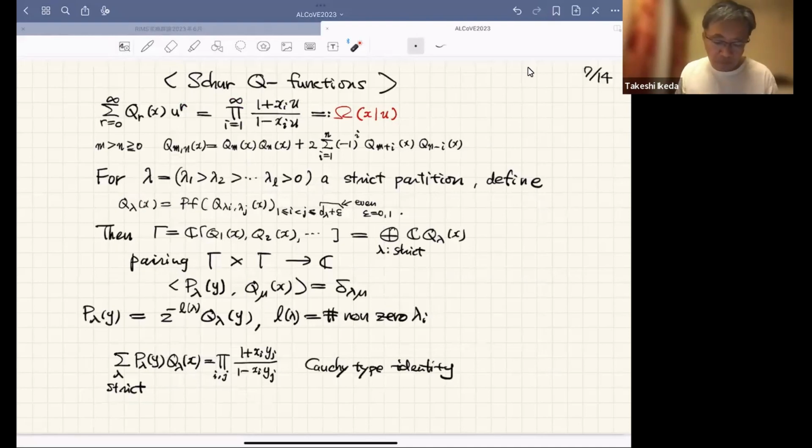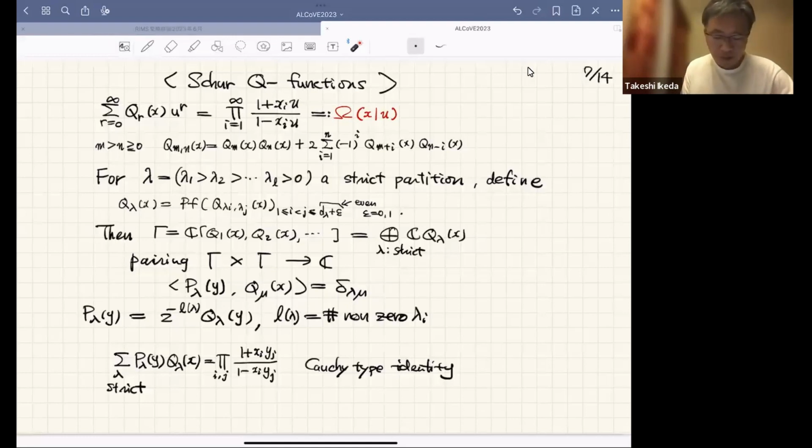For each pair m, n satisfying this condition, we introduce a quadratic expression in terms of these functions. For any strict partition, we define the Schur Q function as a Pfaffian with entries of this quadratic element. We need to choose a skew-symmetric matrix of even degree.